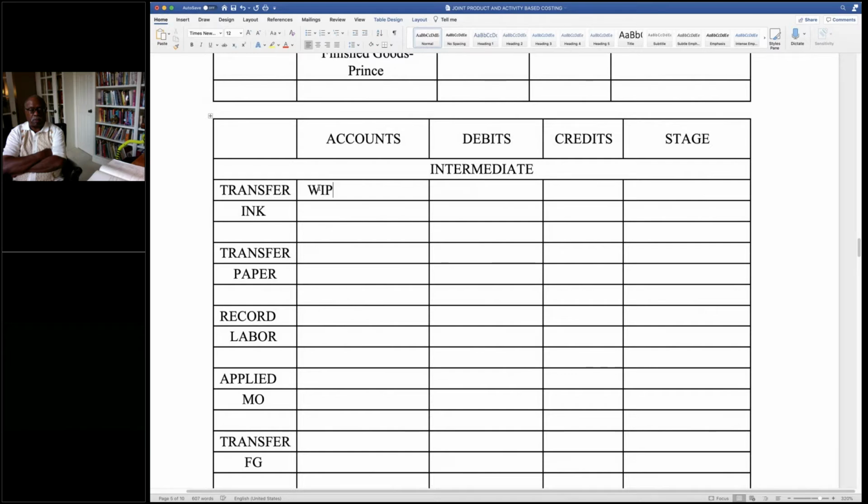So we're going to credit work in process and debit raw materials ink. Of $600,000.